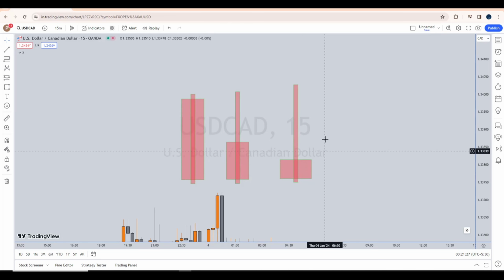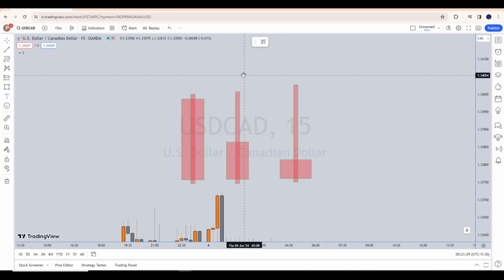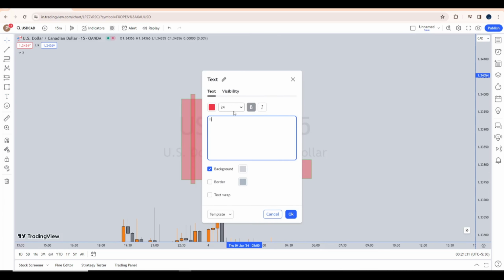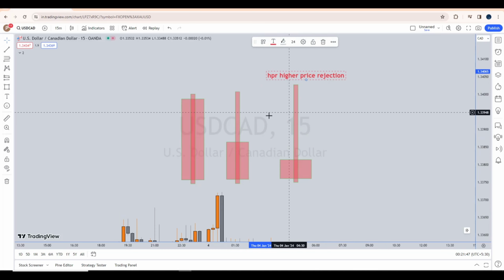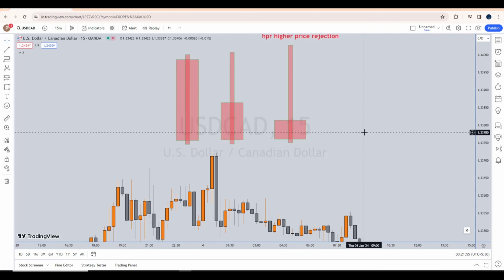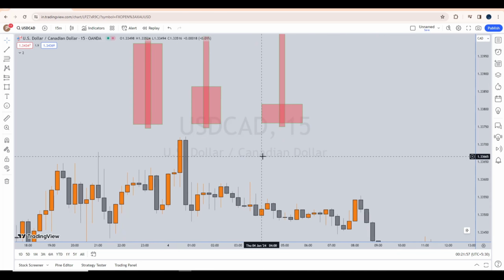Thirdly, we have the HPR candle. Like LPR, HPR means higher price rejection. If you combine the first and third candles, it becomes the power plus HPR candle. So let me show you a live example of it.